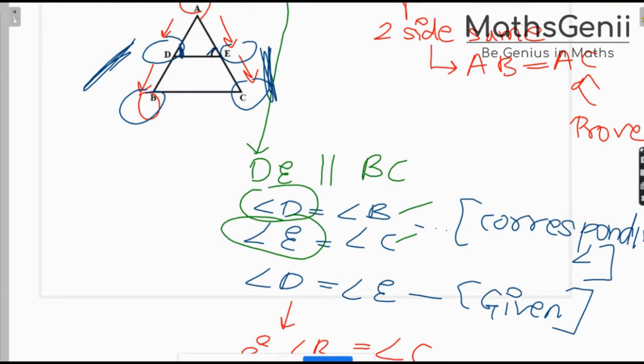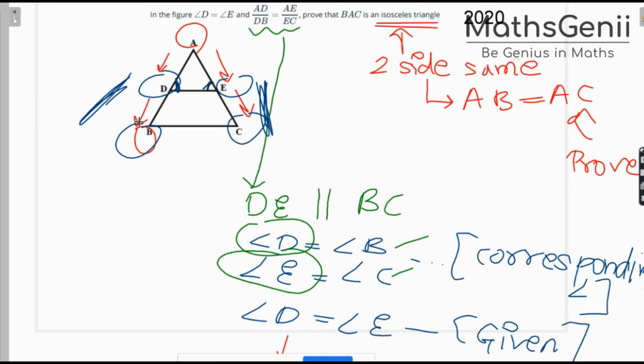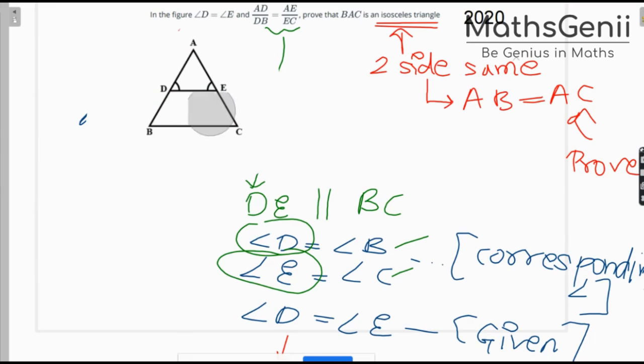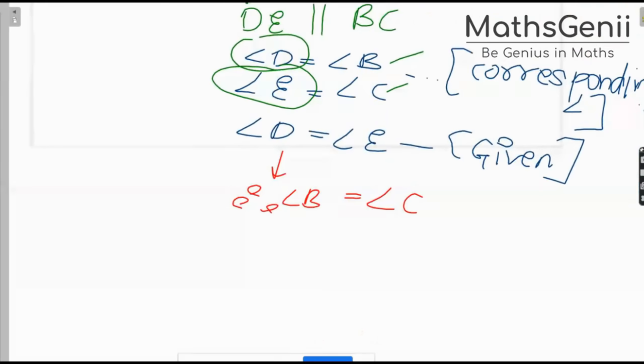Now look at angle B. Opposite side of angle B is AC. Opposite side of angle C is AB. So if B and C are equal, then AB and AC are also equal.